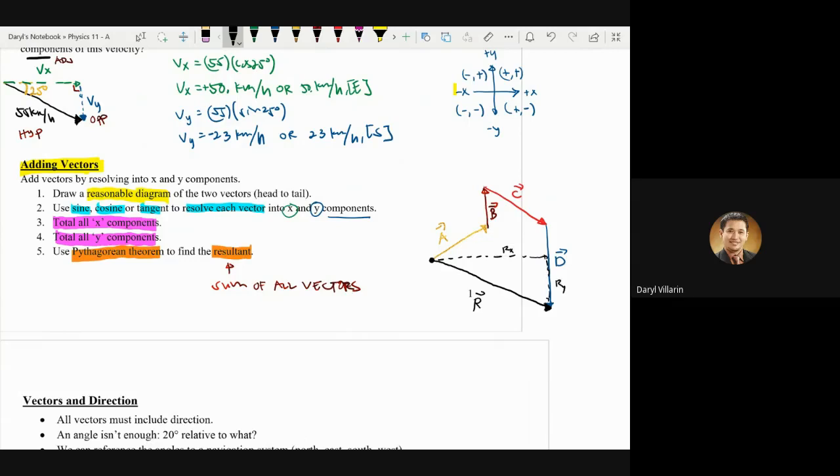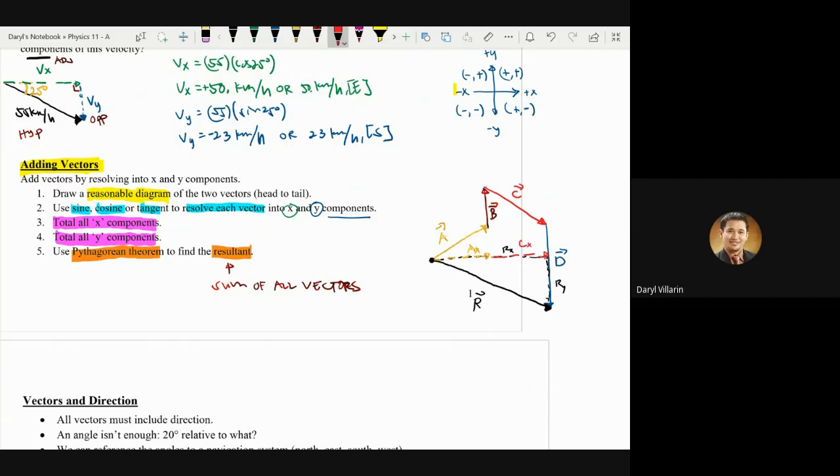And that is just the sum of all the x components of A, B, C, and D. Although B and D don't have any x components, if you draw your A here, this is my Ax, and this is my Cx.